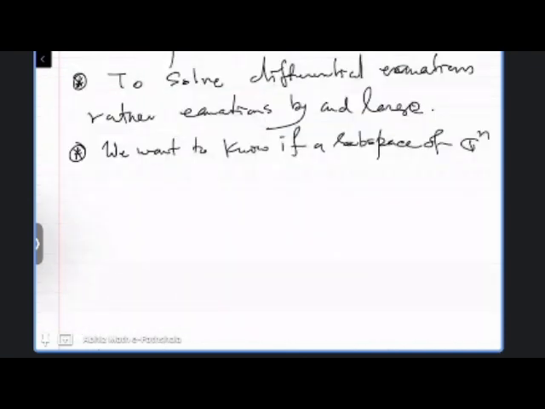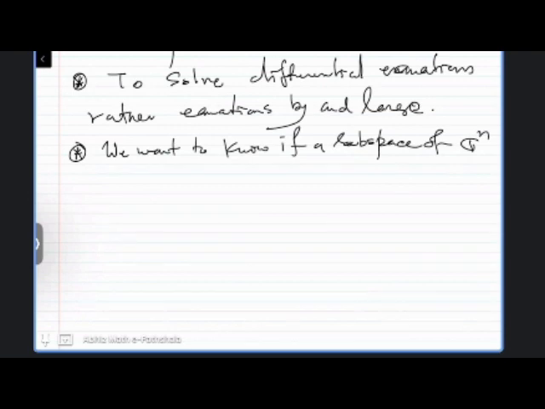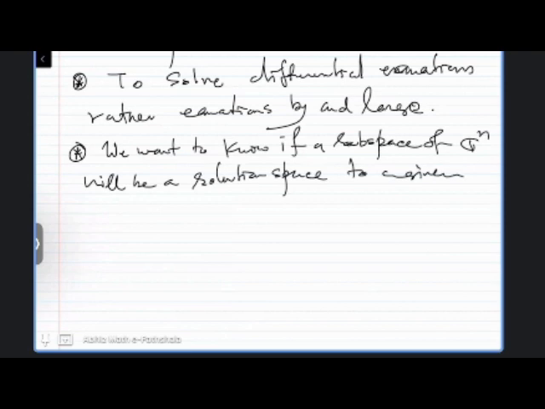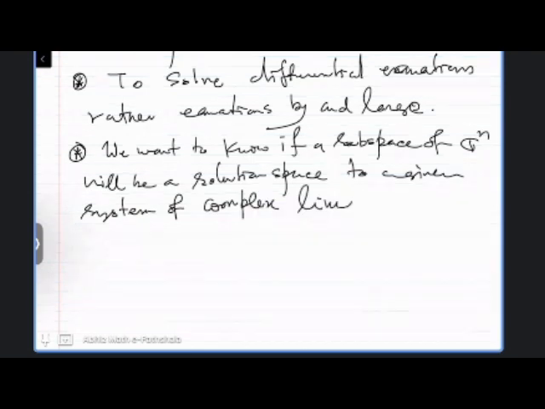So a subspace of Cn, the subspace of Cn is going to be a solution space to a given system of complex linear equations.